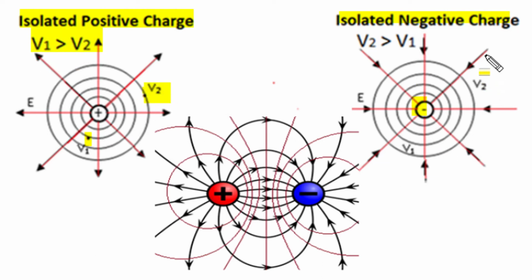Similarly, in this inward electric field, potential is higher at the outer sphere V2 and lower at the inner sphere V1, so V2 is higher than V1 in this negative charge electric field. A point charge and a spherical charge behave in an identical manner, so this concept is the same.